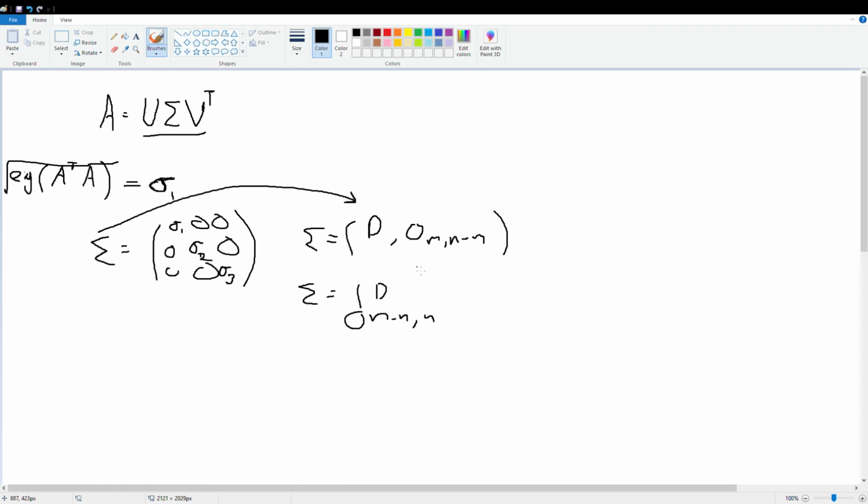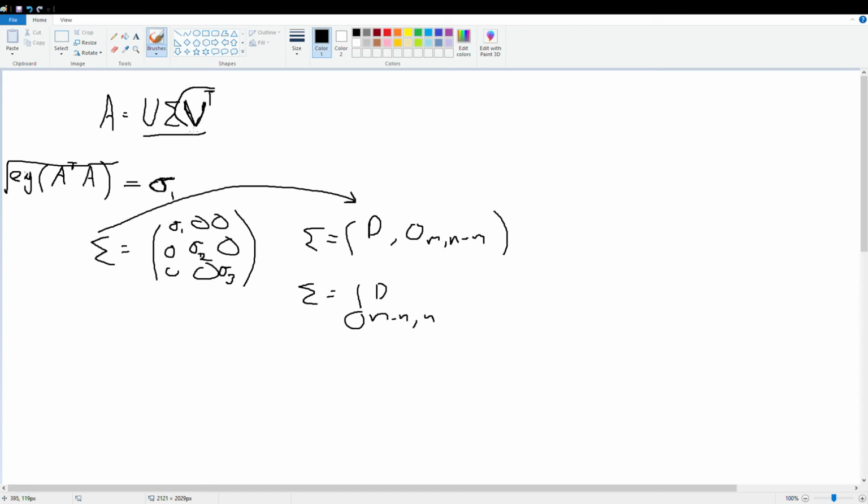Again, a zero matrix there. And that's obviously something you'll have to figure out, but it's pretty simple to find this sigma matrix. Once you know how to find the singular values, you just have to format this so that it's of the appropriate dimensions. The more complicated part of the singular value decomposition comes in finding these other two.